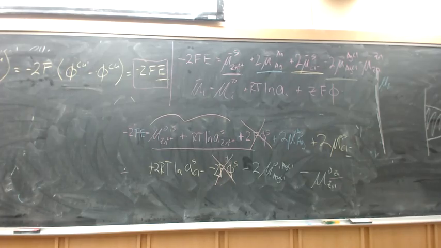equals, well, this is a 2-electron reaction, right? The reaction I just wrote was a 2-electron reaction of zinc 2+. So that's n, so this is negative nFe. What does negative nFe equal?